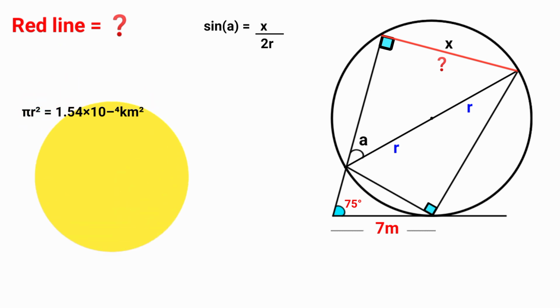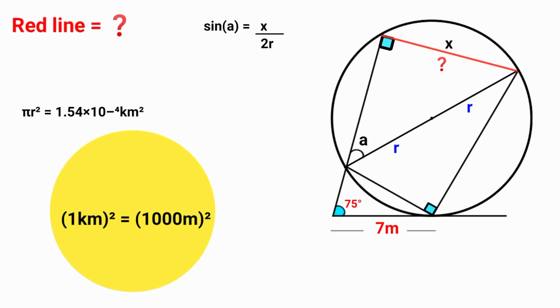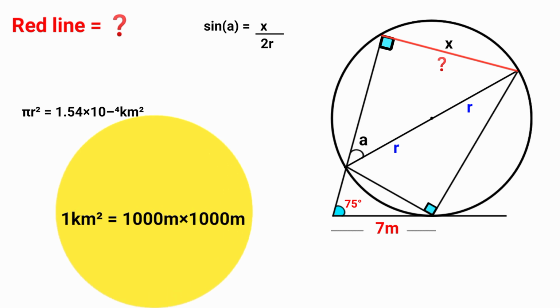We know 1 kilometer is equal to 1000 meters. Square both sides. Now 1 kilometer all squared equal to 1000 meters all squared. 1 kilometer all squared is 1 square kilometer. And 1000 meters squared is 1000 meters times 1000 meters, which is 1 million meters squared. 1 million is 10 raised to the power 6.